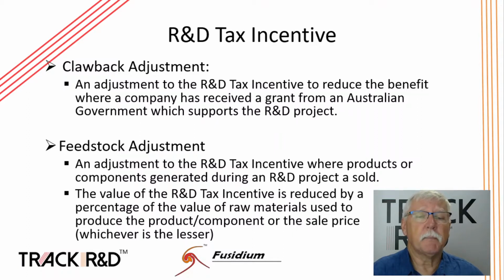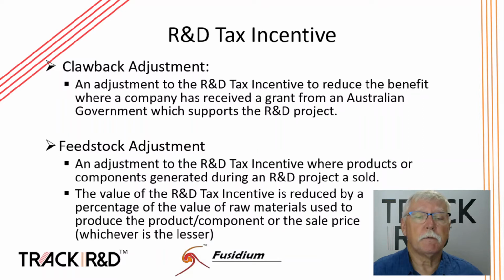At the end of that process, the company may, for example, sell these machines to enthusiasts to see how they perform in different environments. Or indeed, they may sell the machines as scrap and waste to a recycling organisation. If in this process they receive some payment, then the feedstock adjustment rule will come into effect.